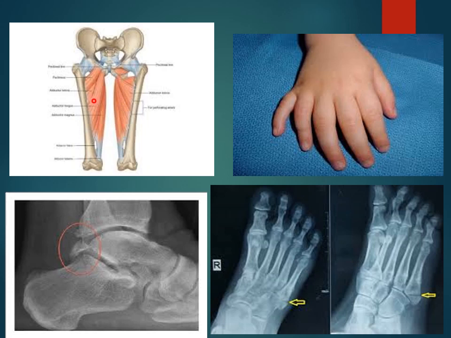So mostly in horse riders, like polo players, there can be a bone present in the adductor longus muscle, that is the rider's bone. This is the heterotopic bone, which is again an accessory bone.